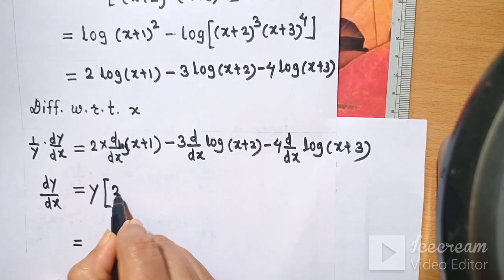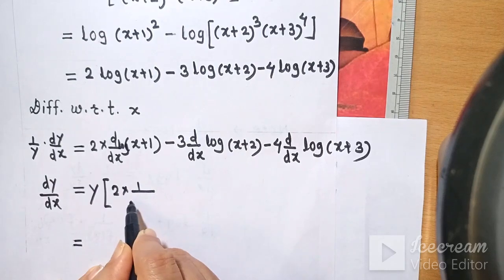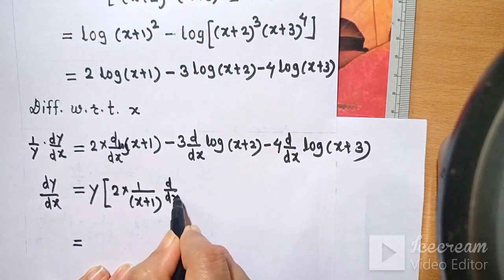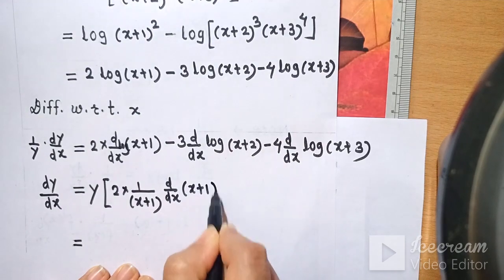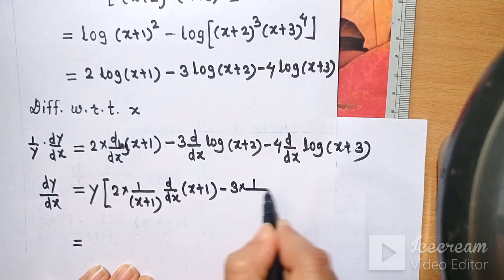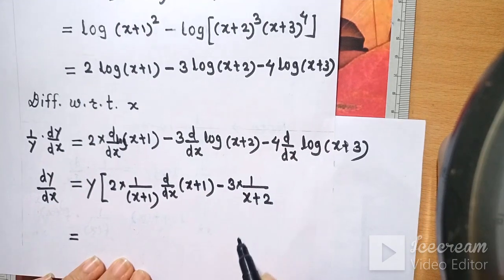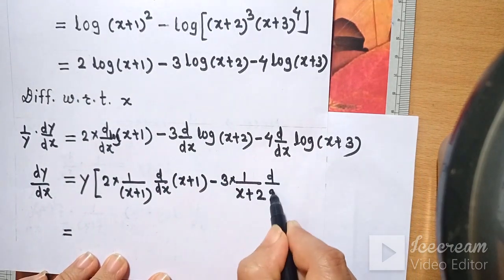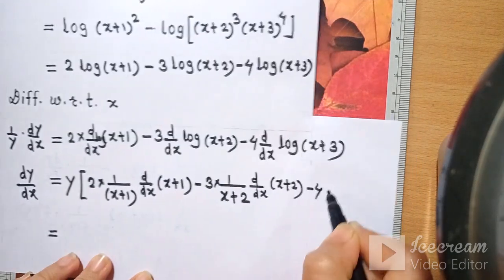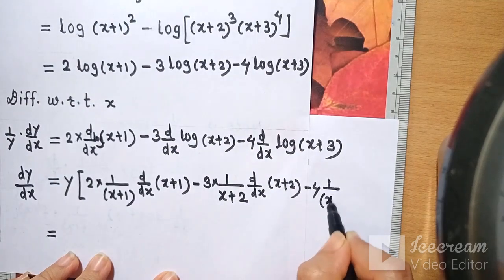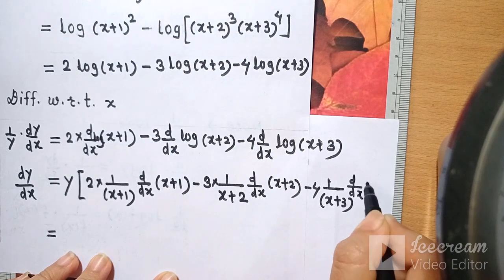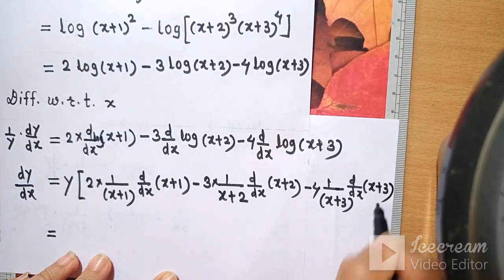So 2 into 1 upon (x plus 1) and d by dx of (x plus 1), minus 3 into 1 upon (x plus 2) and d by dx of (x plus 2), minus 4 into 1 upon (x plus 3) and d by dx of (x plus 3).